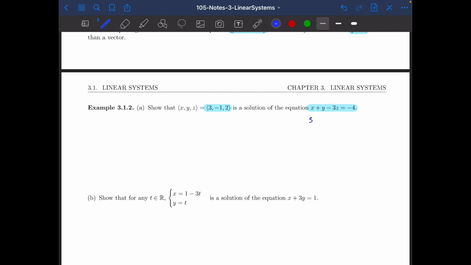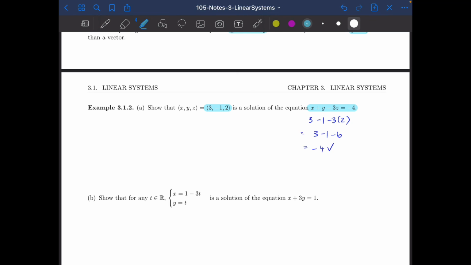So 3 plus minus 1 minus 3 times 2, that's equal to 3 minus 1 minus 6. 3 minus 7 is equal to minus 4. So the vector 3, minus 1, 2 satisfies the equation x plus y minus 3z equals minus 4. It's therefore a solution of that linear equation.